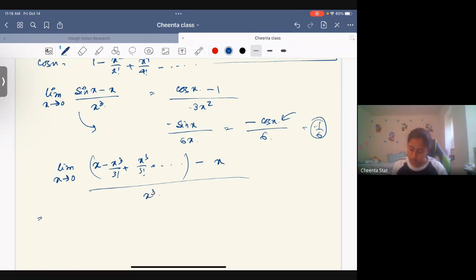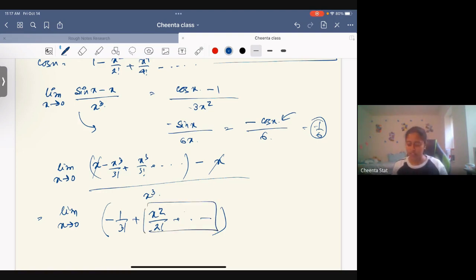So now you can cancel out this x and divide by x cubed, because this is an algebraic expression and it's easier to comprehend. So limit x tends to 0, this is minus 1 by 3 factorial plus x squared by 5 factorial and so on. It's quite clear that if you put 0, all the next terms will be 0 and you don't care. So this is minus 1 by 3 factorial, which is minus 1 by 6.